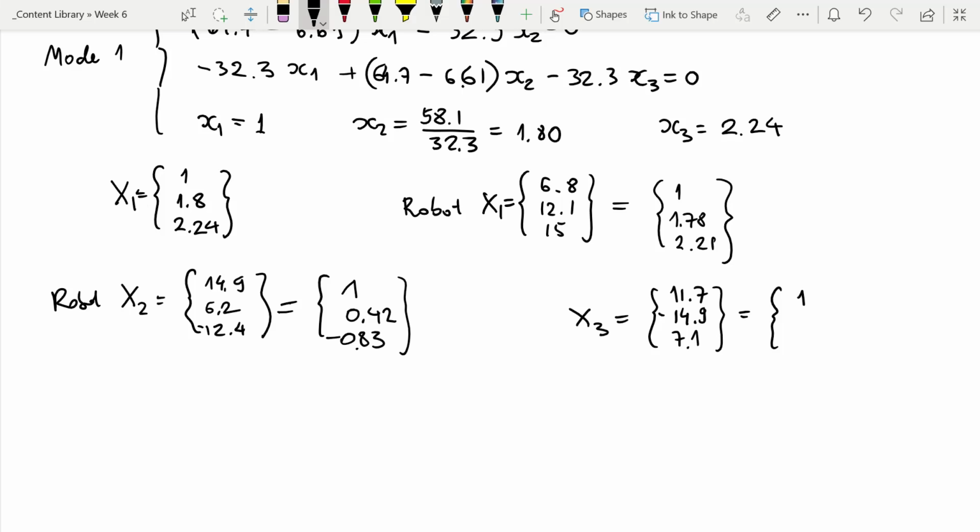So this will be 1, 14.9 divided by 11.7 is 1.27, negative, and then 7.1 divided by 11.7 is 0.61, positive.